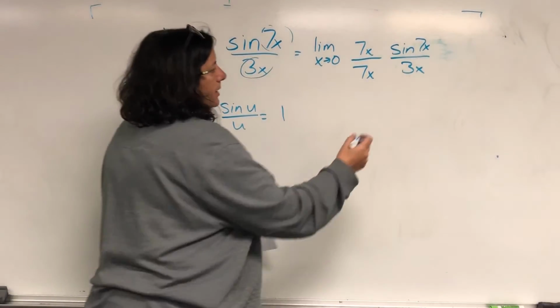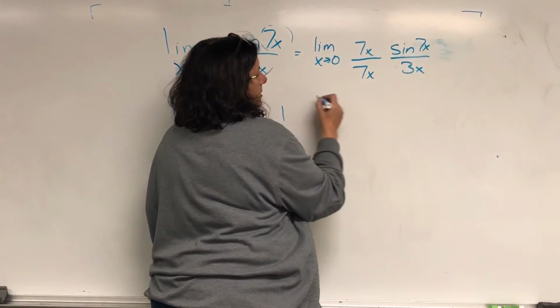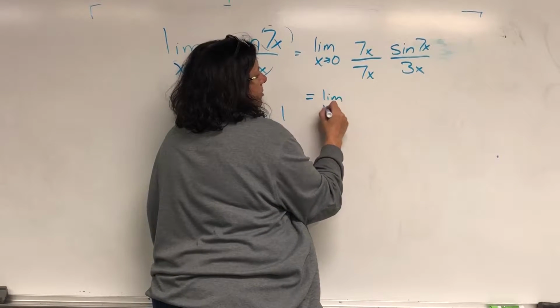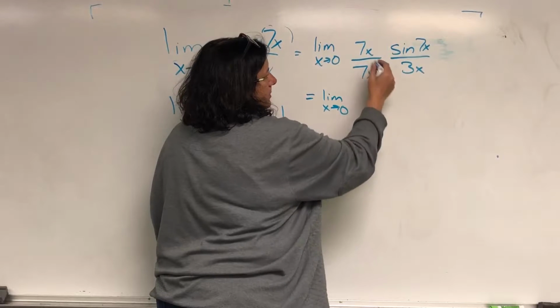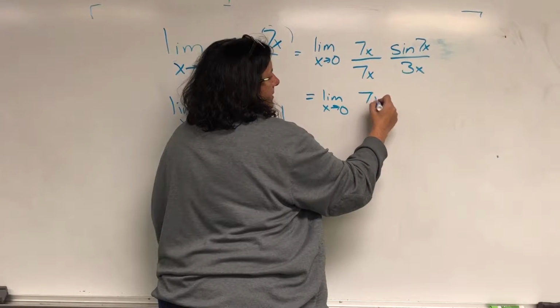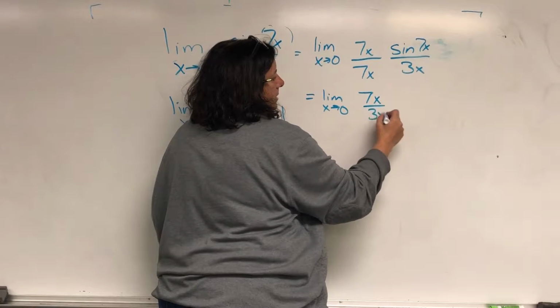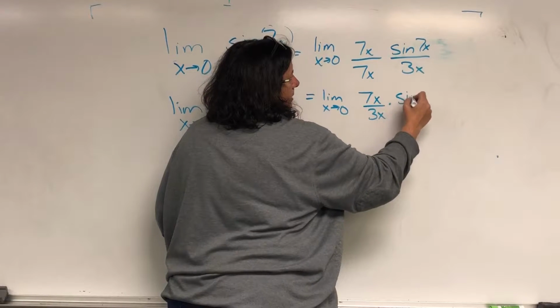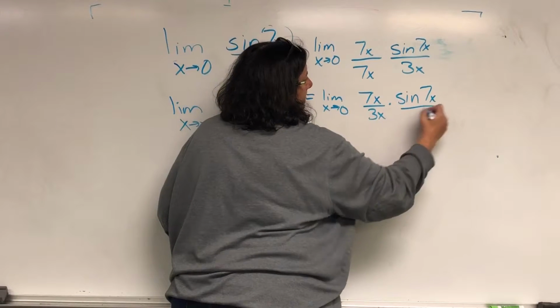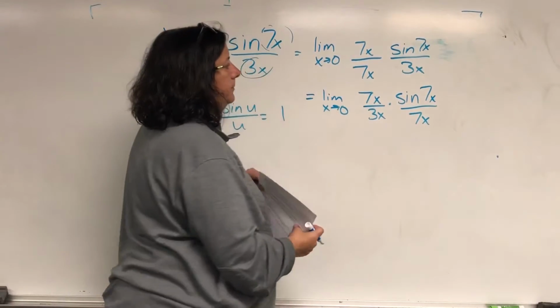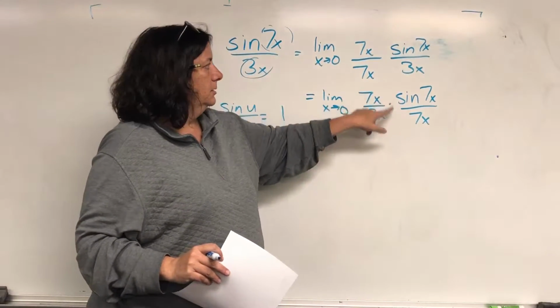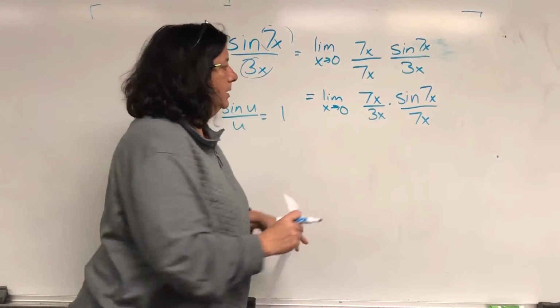Now, what happens now is I can just rearrange. And I could say that this whole mess is equal to the limit as x approaches 0 of 7x over 3x times sine 7x over 7x. Same function as right here, just rearranged.